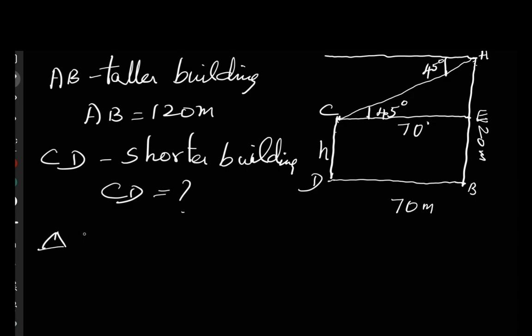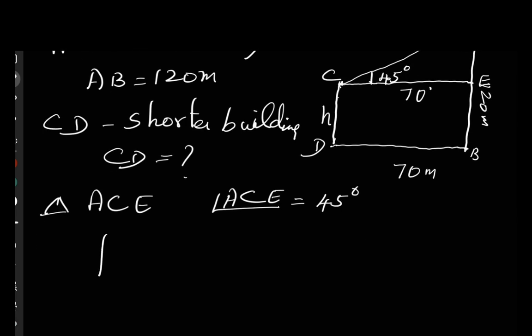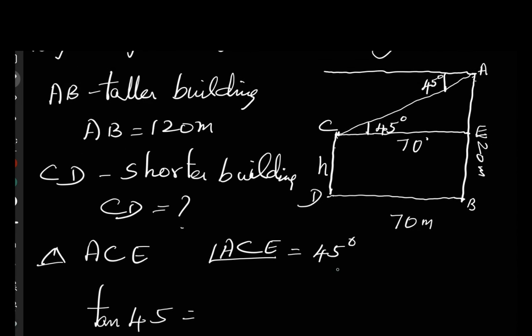Triangle ACE. Angle C is 45 degree. C is 45, so write the other two letters A and E. So take tan 45. Tan 45 is equal to opposite side AE by adjacent side CE.